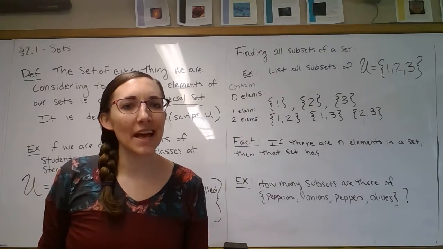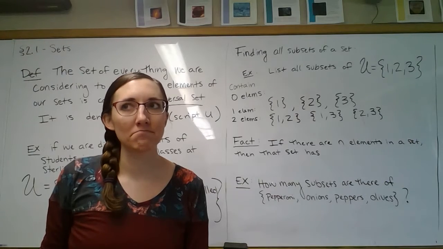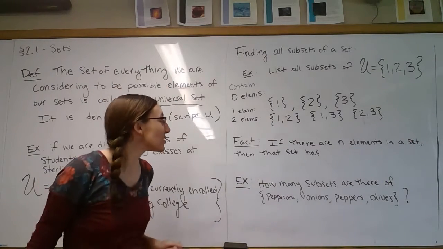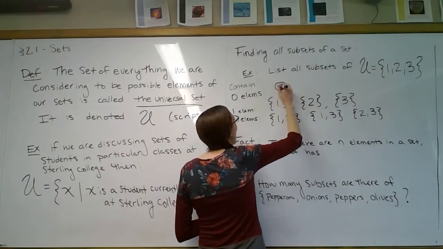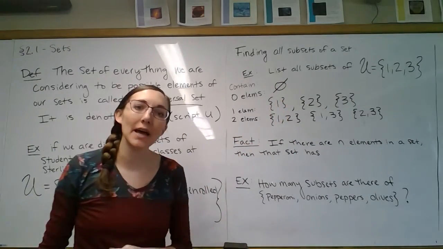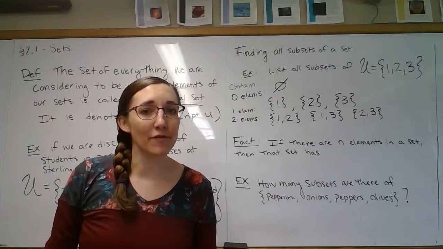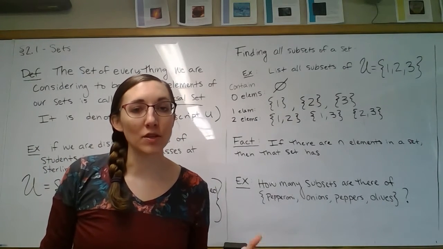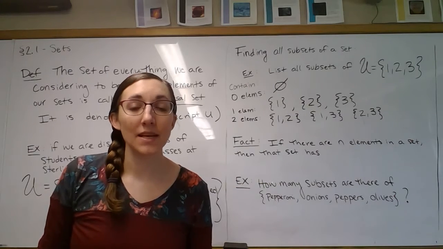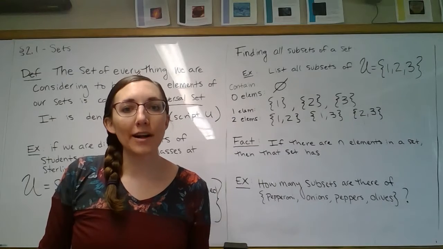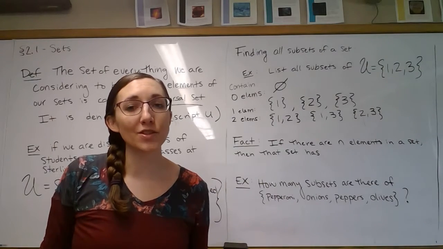What's the set that contains no elements? It's the empty set. Remember, that was our fact: the empty set is always a subset of every set. So this will always be on your list, and if you're listing it in this way, 0 elements would come first. So 0 elements, then 1 element, then 2 elements.